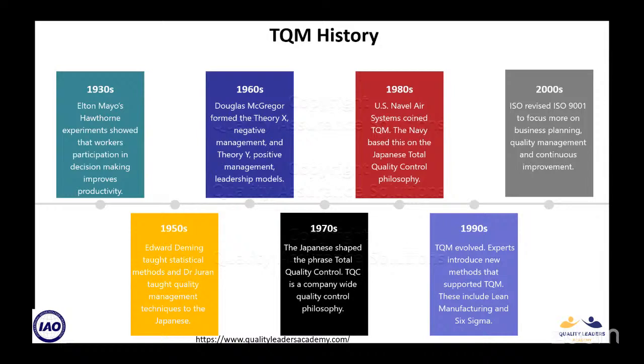So why is this on a TQM history slide? Because TQM depends heavily on how leaders see people. If leadership believes staff are lazy and need constant policing, what you get is fear, silence, and compliance at best. Okay. But if leadership believes that people want to contribute and improve, you create a culture where teams speak up, solve problems and participate in improvement.